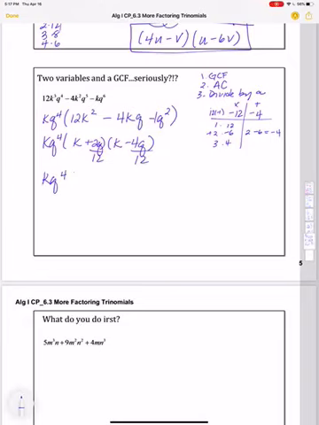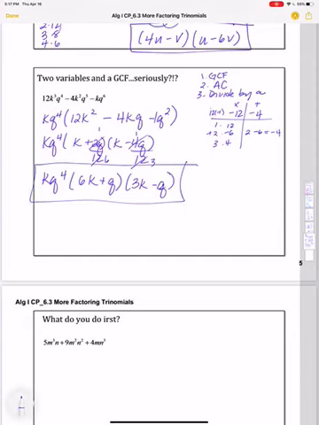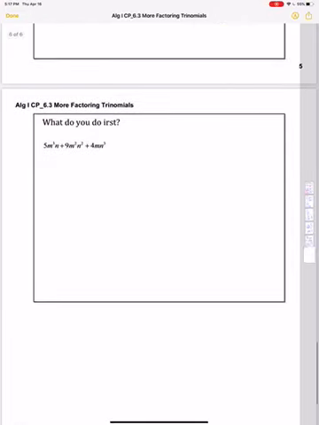Okay, KQ to the 4th times, let's see, this becomes 1 and 6. So 6K plus 1Q. And that becomes 1 and 3. So 3K minus 1Q. Ta-da! Can you check it? Yes, you can.